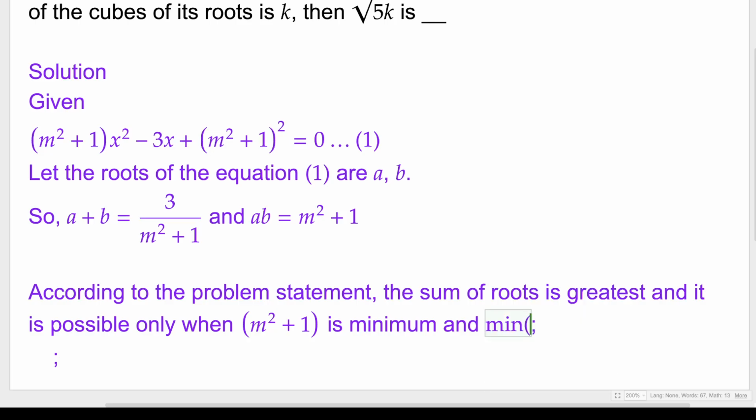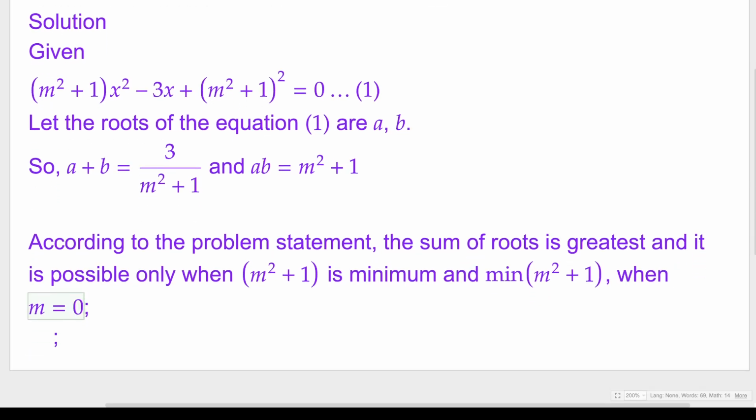I can say very well that the minimum of m² + 1, in terms of real numbers, is only possible when m has to be 0. So in this case m has to be 0, then only we can get this 1, and then this value will remain 3. So the largest value for this expression we can achieve is 3, and we cannot go larger than that. So for that m has to be 0. So we got this value.